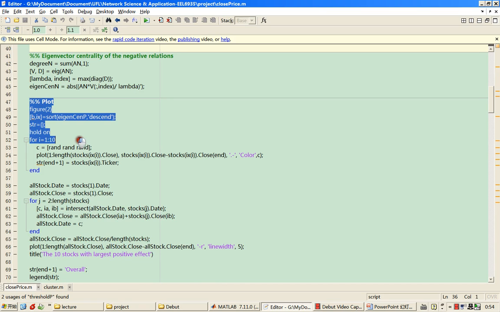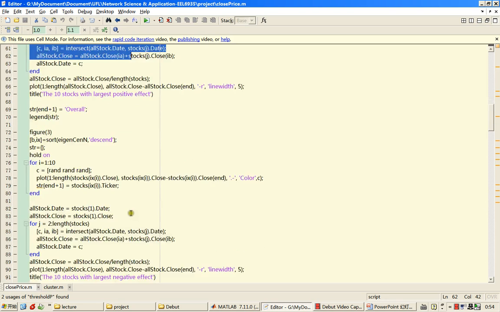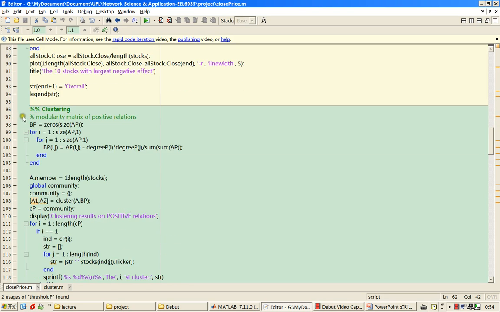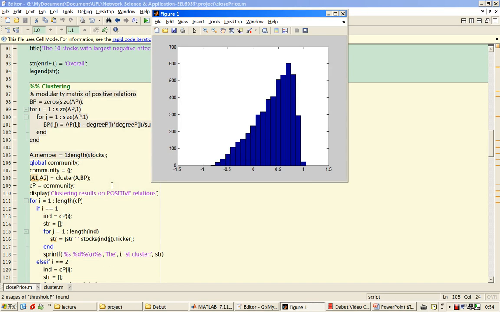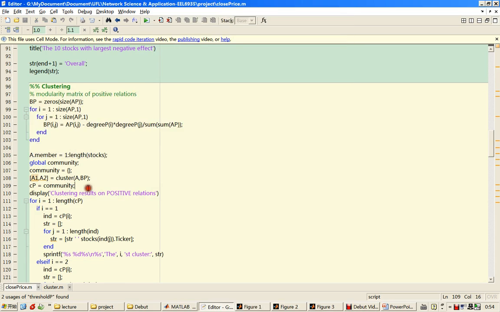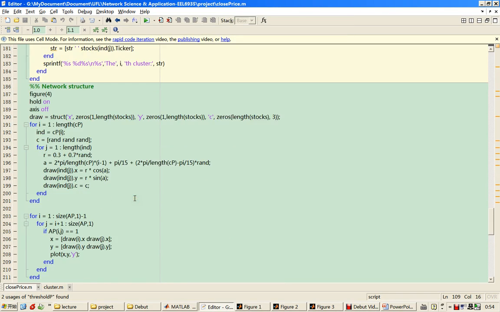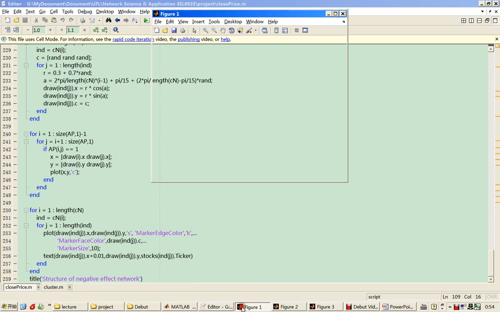And in this part, the results are plotted in several figures, and in this part, the iterative clustering is done and shown in figures. The network structure will also be plotted in this part.